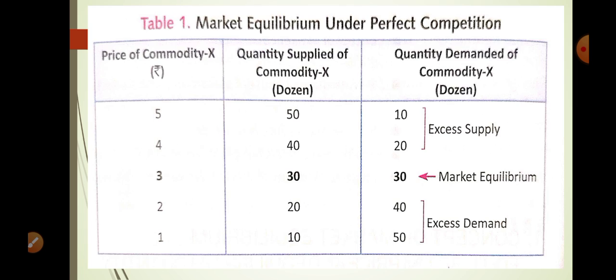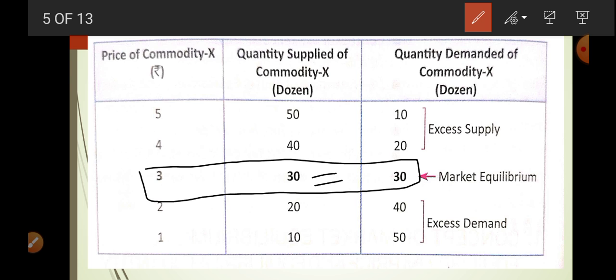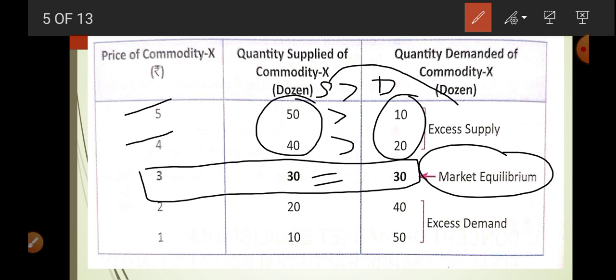Now we are going to understand this concept with the help of this table. You can see here that 3 is the price at which demand of X good is equal to supply of X good. This is why it is considered market equilibrium. If we go to 4 or 5, we can see that supply is more and demand is less. So supply is greater than demand, that is, excess supply.